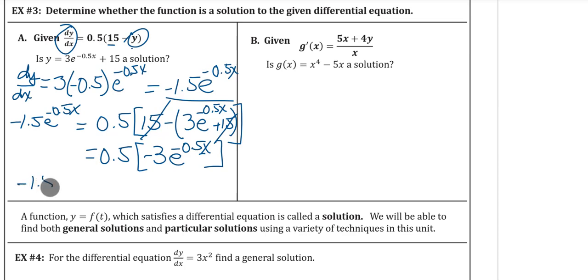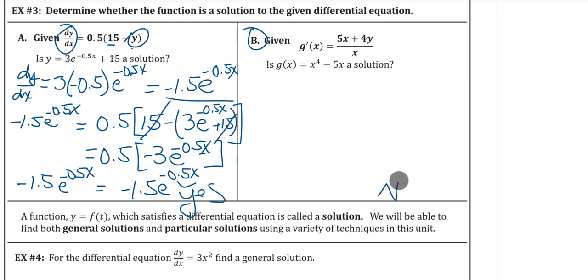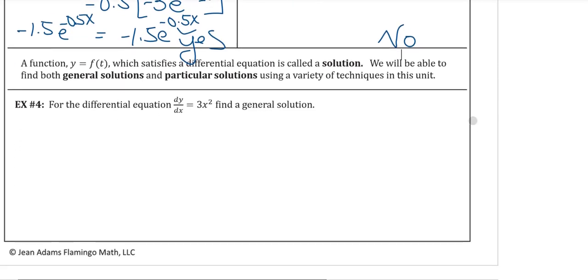Multiplying that, here's my left-hand side, that's my derivative, and that is indeed equal to the right-hand side. So you would say yes, because these are equal. All right, you guys try letter B, and the answer, just so you know, is going to be no for this one. Give that one a try. If you get stuck, we'll do it in class tomorrow.